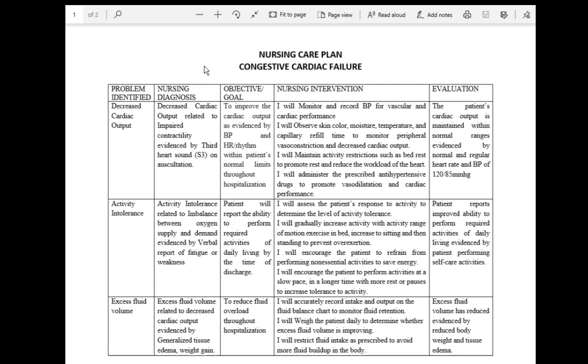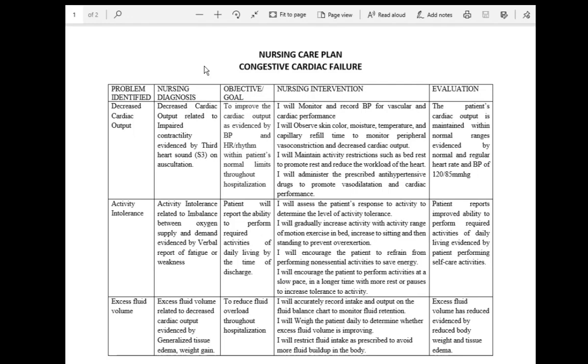The third point is I will maintain activity restrictions such as bed rest to promote rest and reduce the workload of the heart. Because the heart of our patient here is failing, he does not need more work.